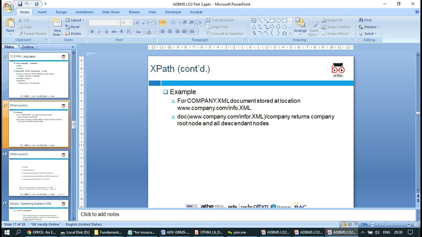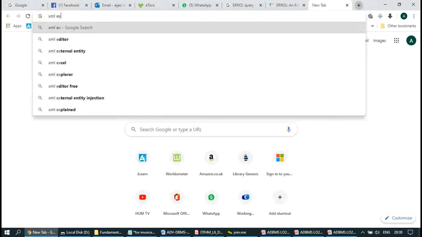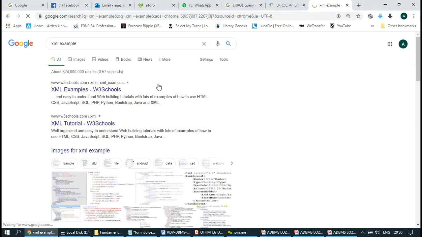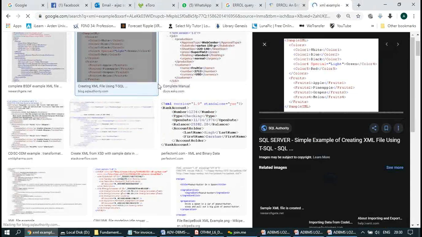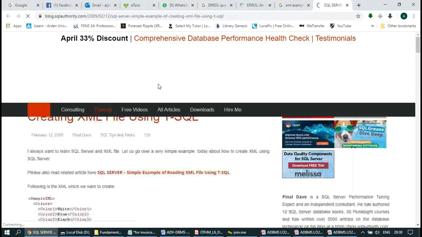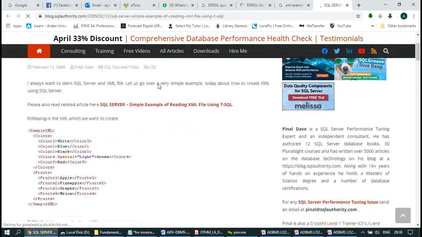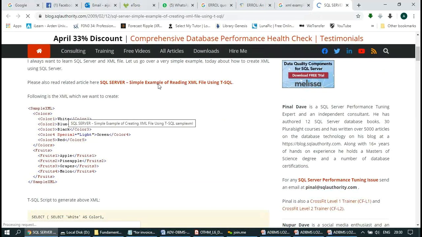So what would happen? You would have an example XML file containing tags within tags. For example, this is a sample example.